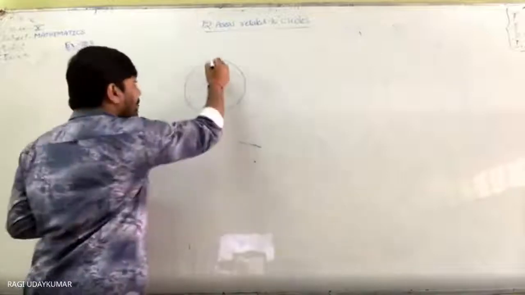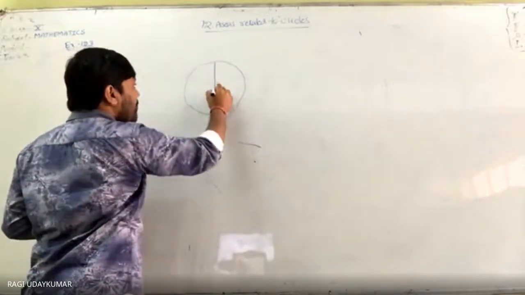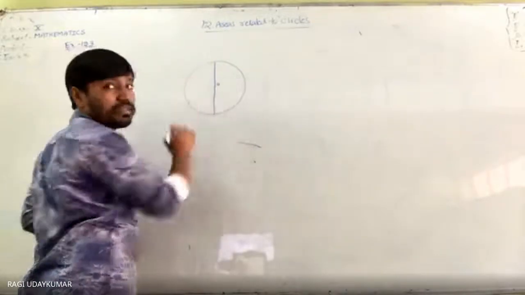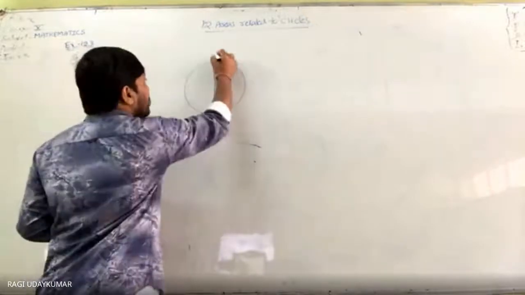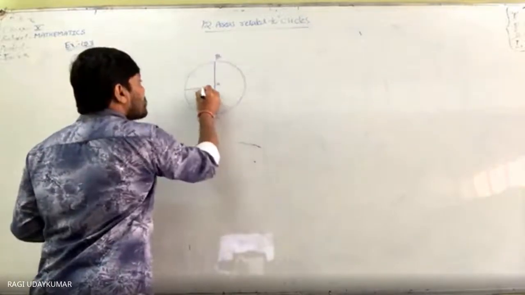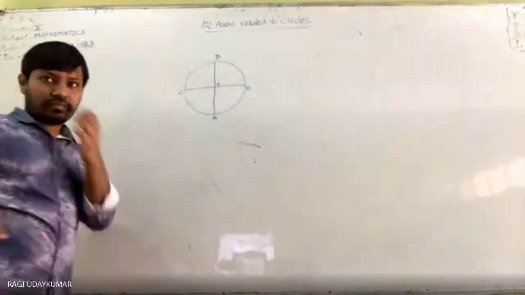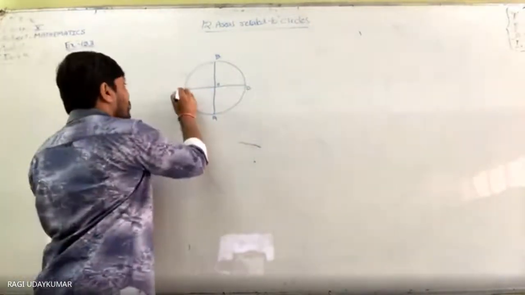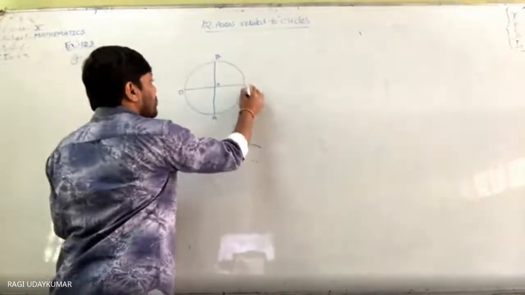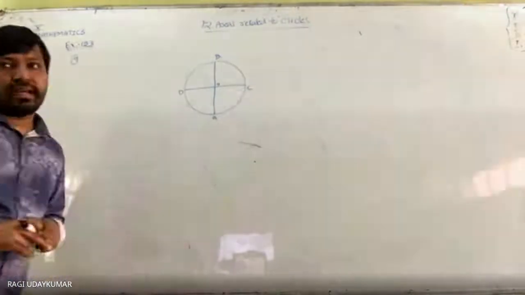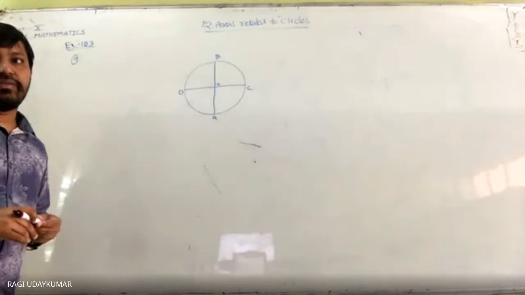Here it is given to you, this is AB, A, B, and this is C, D. C here, D here. These two are perpendicular. It is given here.